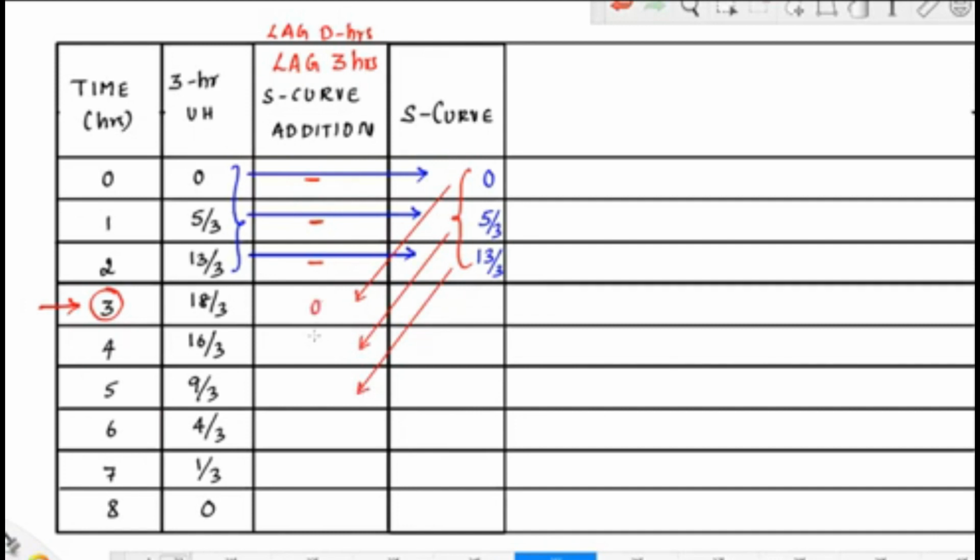Now add: 18 by 3 plus 0 is 18 by 3, 16 by 3 plus 5 by 3 is 21 by 3, 9 by 3 plus 13 by 3 is 22 by 3. Now these 3 values at a time you have to drop to the left-hand side.